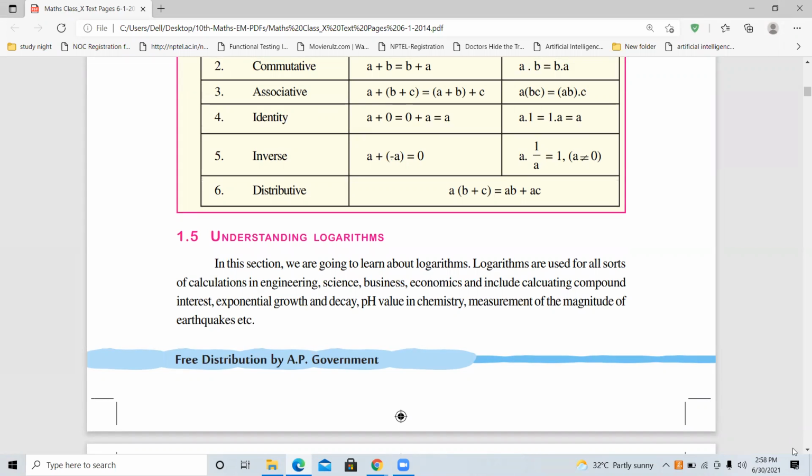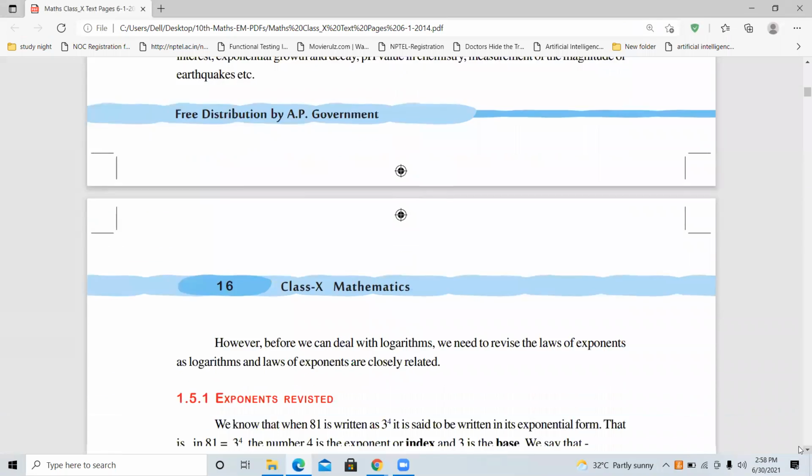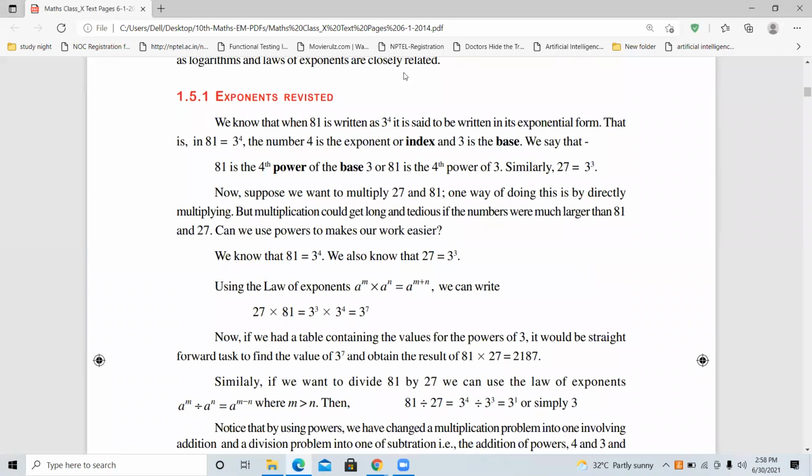These logarithms are very useful to calculate various values in chemistry and also to measure the magnitude of earthquakes. Before going into the topic, we have to have a brief look at some things in this particular chapter.